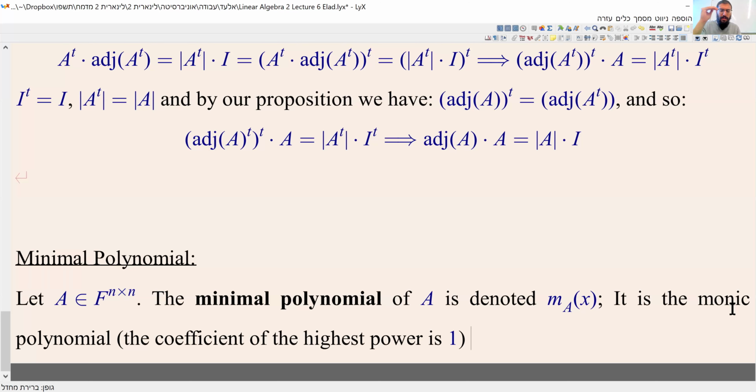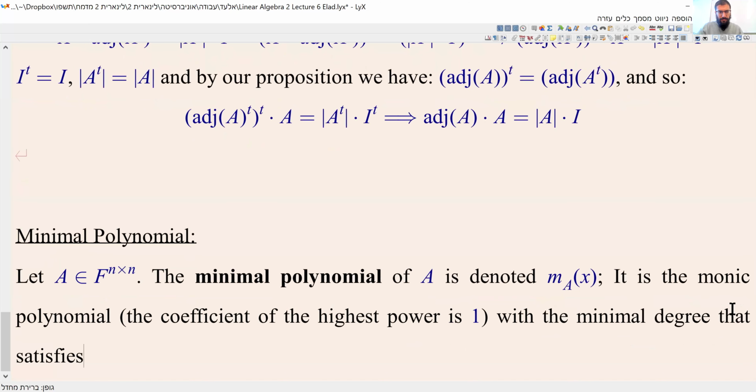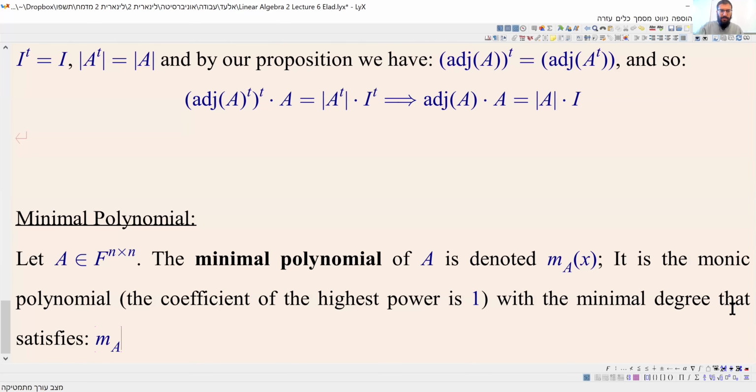It is the monic polynomial with the minimal degree that satisfies: putting A in it, and you get 0.